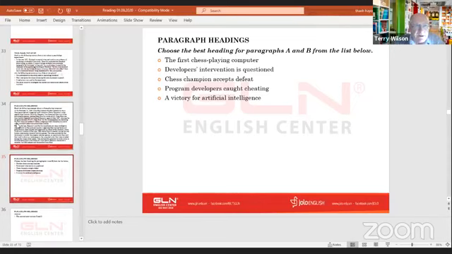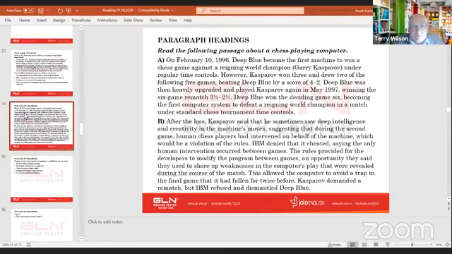So let's quickly go back to the paragraphs. If we look at the last sentence of paragraph A, it ends with becoming the first computer system to defeat a reigning world champion.